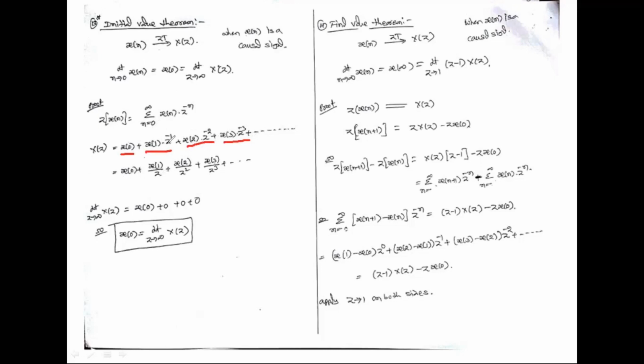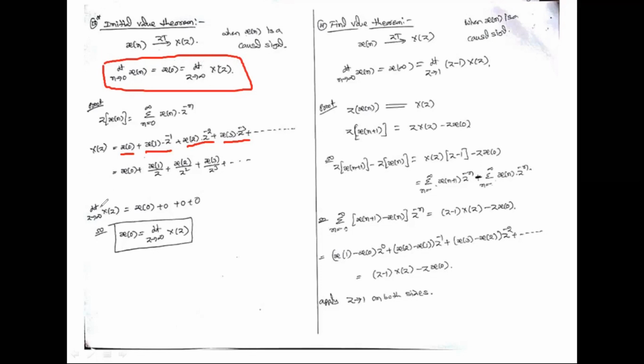Okay, z power minus 1 means we can bring that into the denominator: x of 1 by z, x of 2 by z square, x of 3 by z cube, and so on. What they are asking here: limit n tends to 0 x of n, that is equal to x of 0, that is equal to limit z tends to infinite x of z.